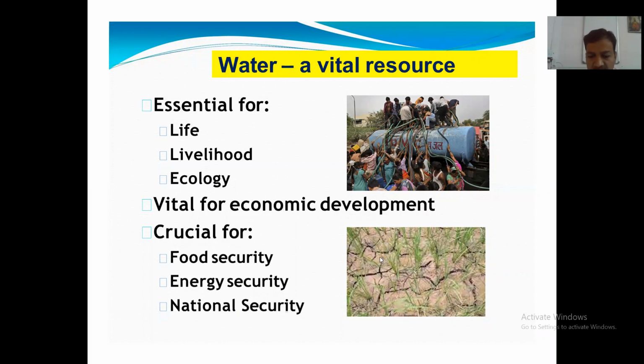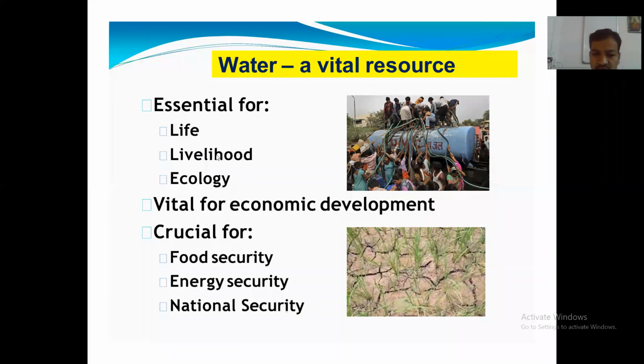See this another image, which shows there is scarcity of water, drought. Due to scarcity of water, the crops which are taken will not be grown. The water is required for growing of the crops. If water is not supplied, then the growth of the crops will not occur. Therefore, water is the essential resource needed for every human being for his survival, for maintaining the ecology, livelihood.